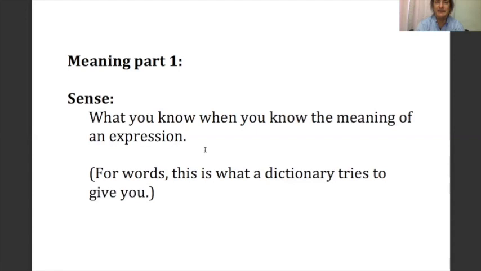And he split meaning into two pieces, a sense and a denotation. The sense is what you think of when you think of meaning, kind of. It's what you know when you know the meaning of an expression. For words, this is what the dictionary is going to give you, a description of how to find what the word is talking about, if you will.